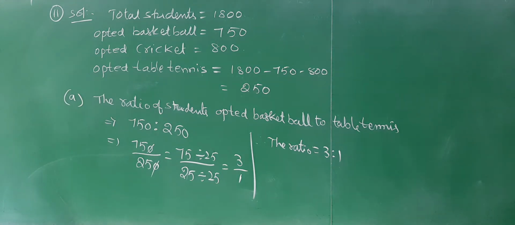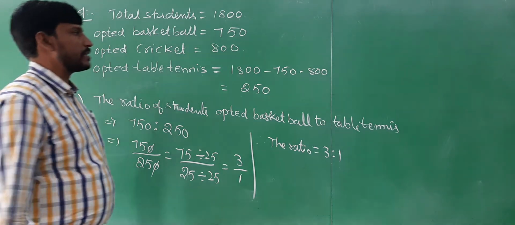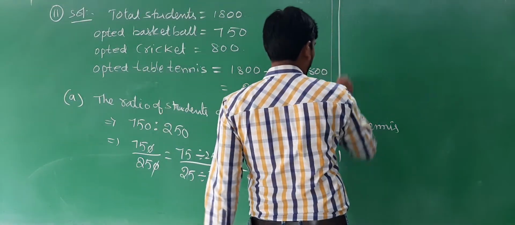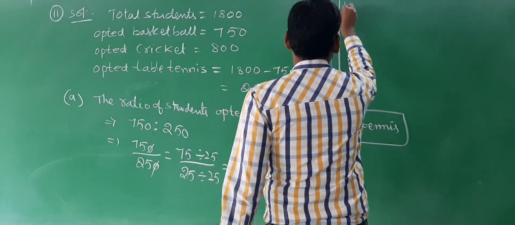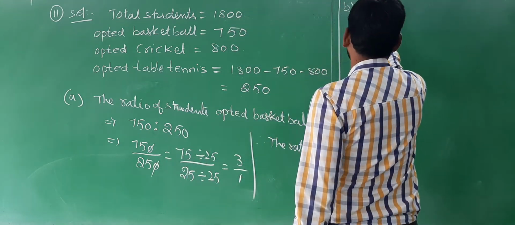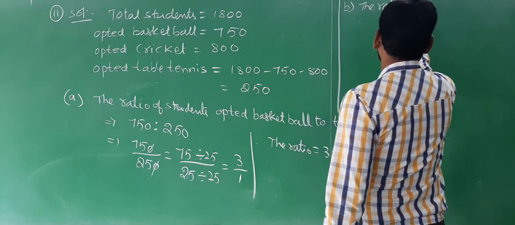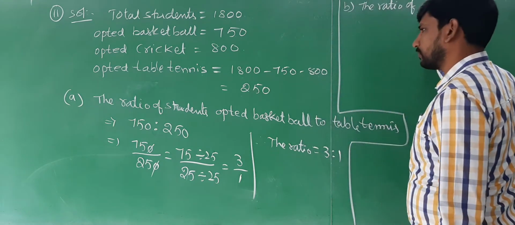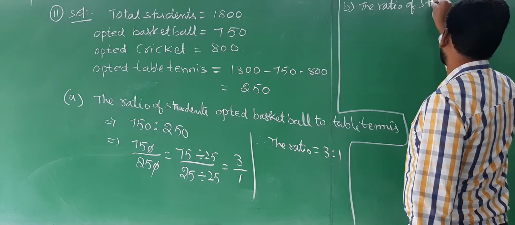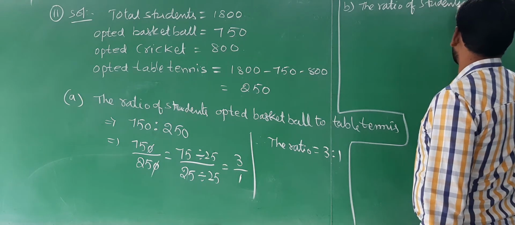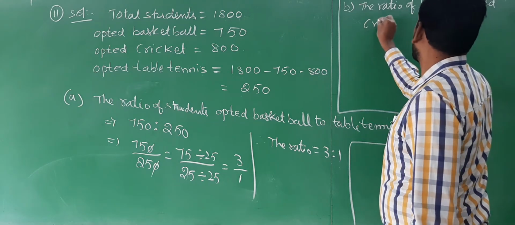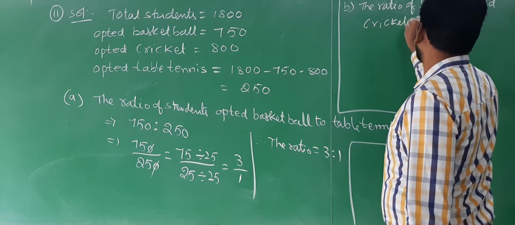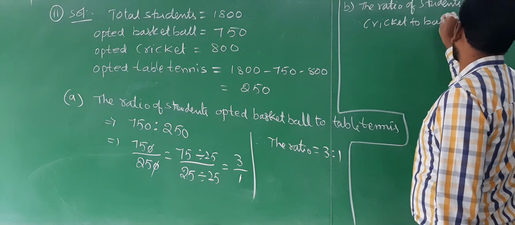Now next one, we need to find out cricket to basketball. B bit is to find the ratio of cricket to basketball. So B is the ratio of students who opted cricket to basketball.